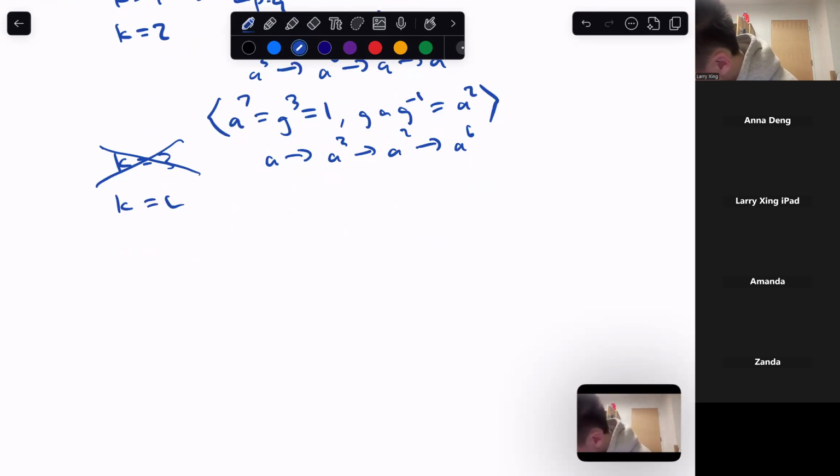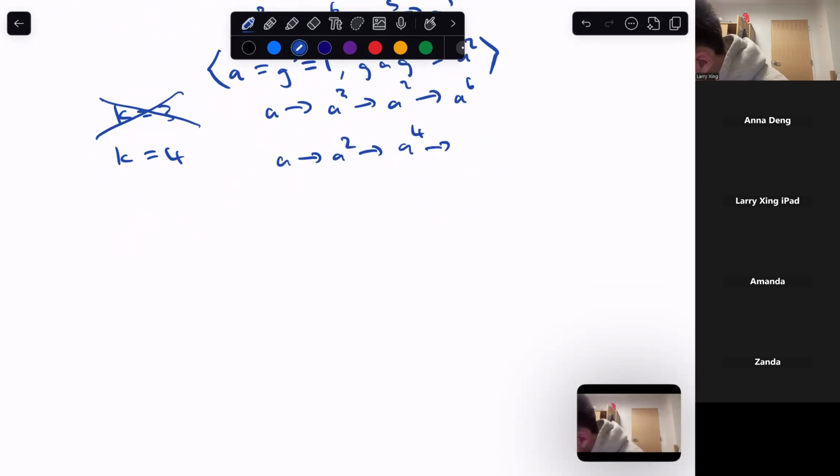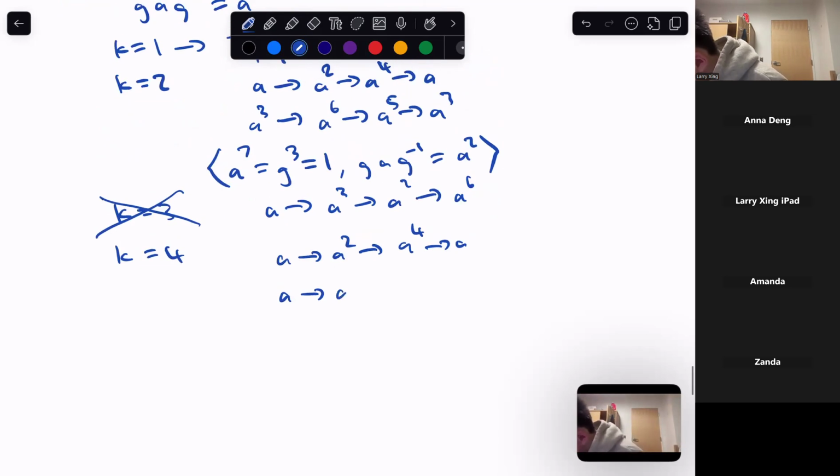K equals 4: A goes to A squared, goes to A^4, goes to A. Wait, no. A cubed goes to A^5, goes to A^6, goes to A cubed.